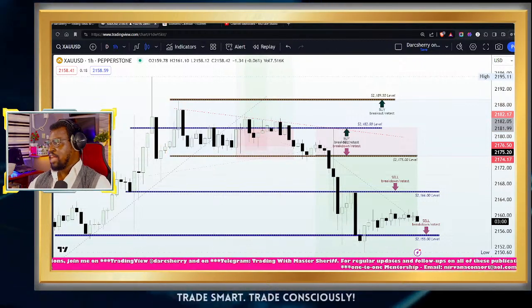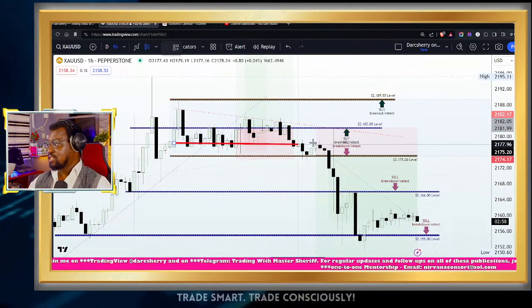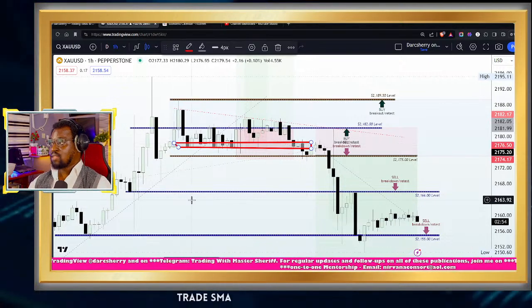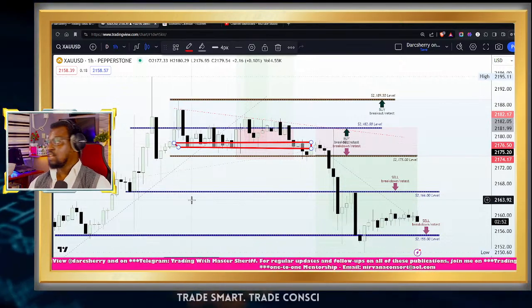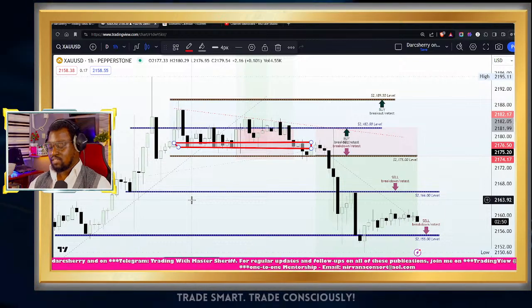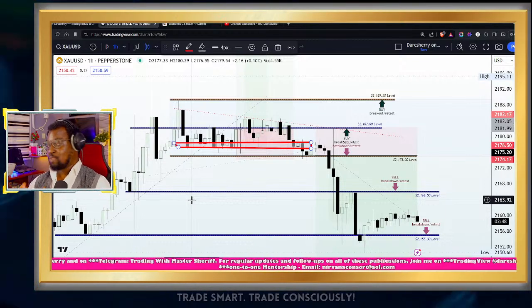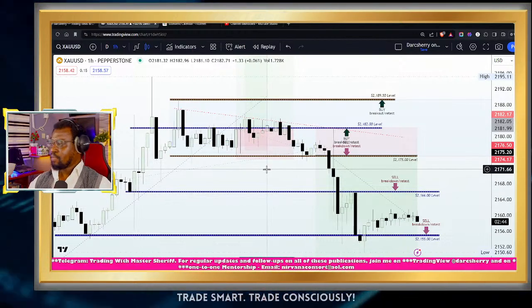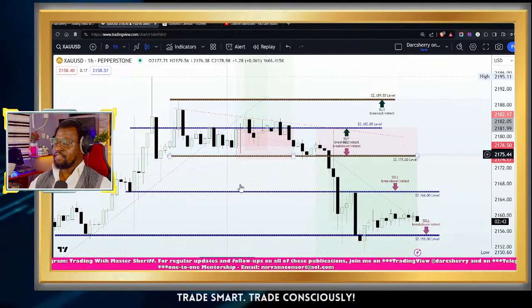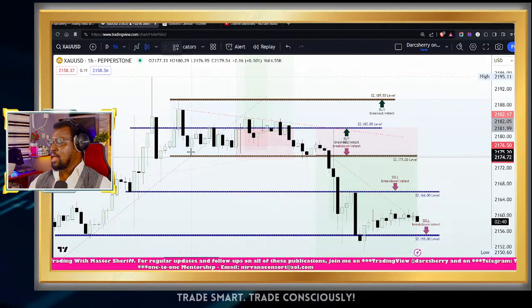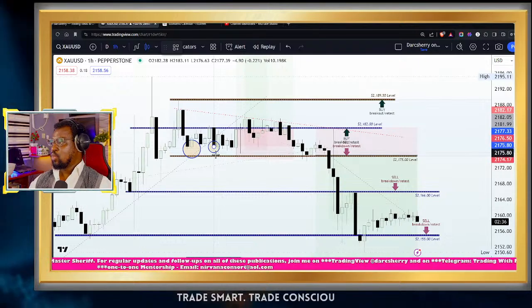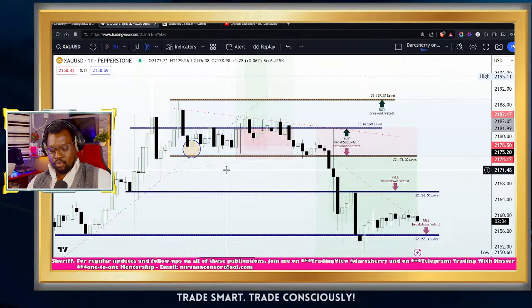Though the support line was around the 2,177, remember, we had to extend the support line further into the 2,175 when that range expanded. So we adjusted this yesterday. And at the beginning of the week, when we saw how buyers were negating all sellers' attempts here, we decided to join a bullish opportunity.